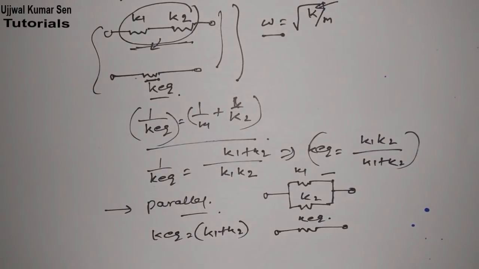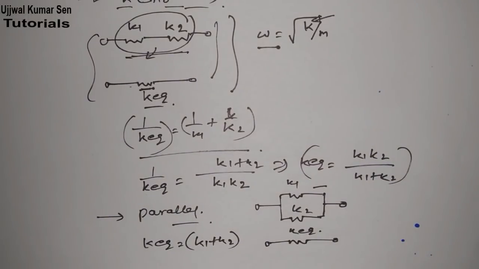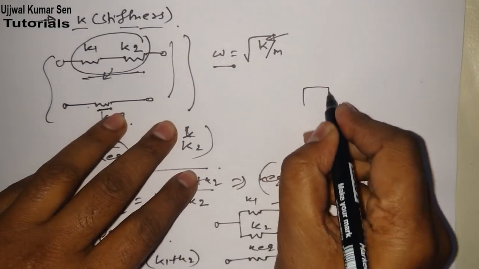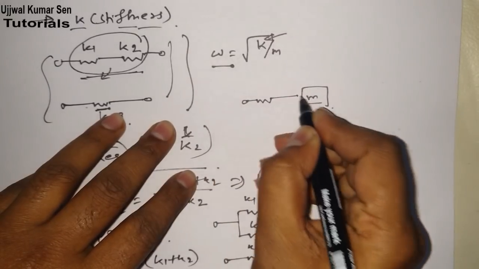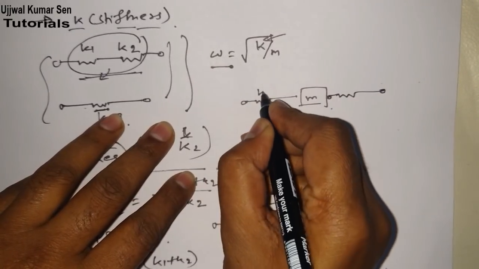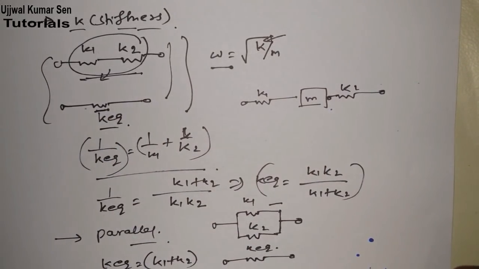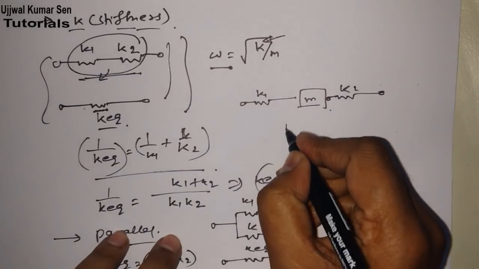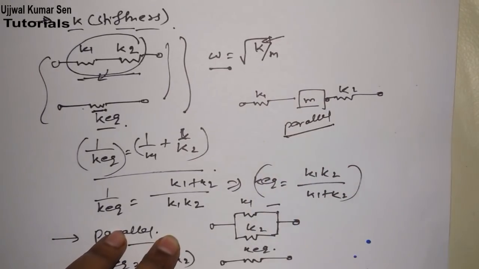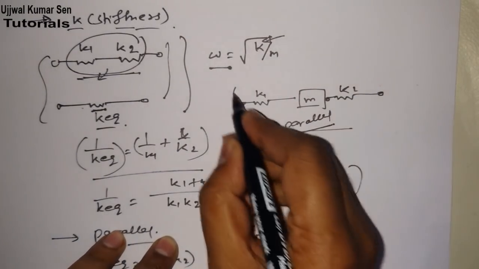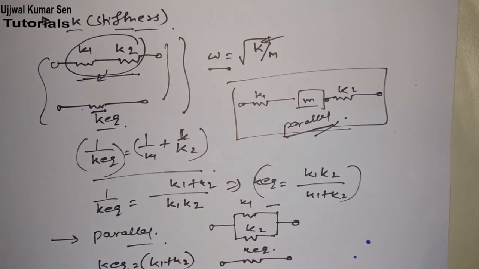Now another most important example, and based on that example GATE has asked questions, so you should definitely know it. Suppose there is a mass and stiffness is given on both sides of the mass, K1 and K2. Can you guess whether this is in parallel or series? This is in parallel. Consider this case as parallel and solve it. I am repeating again, consider this case in parallel and then solve it.